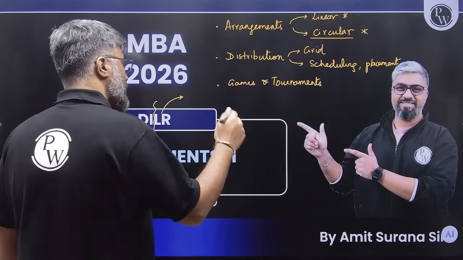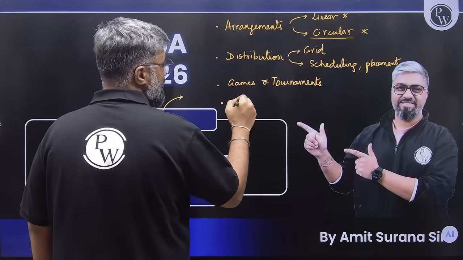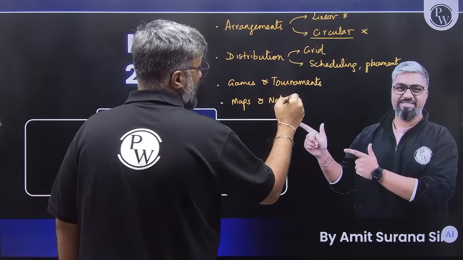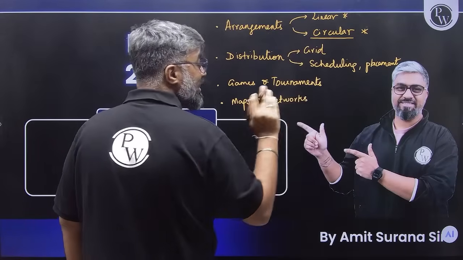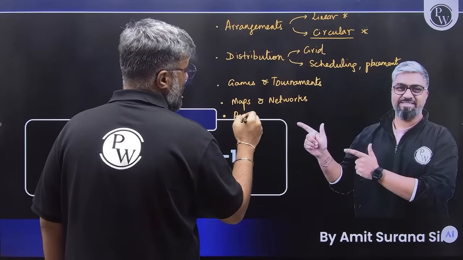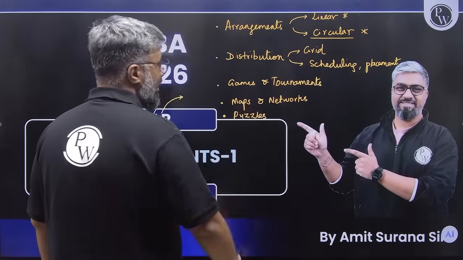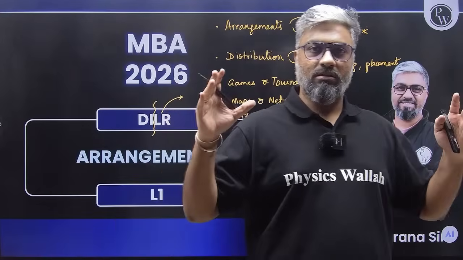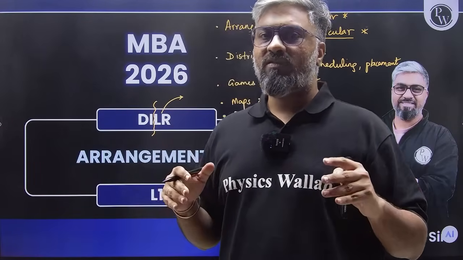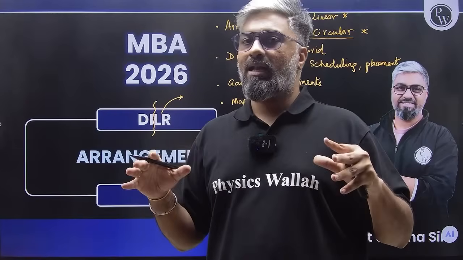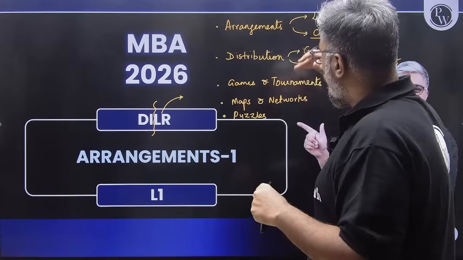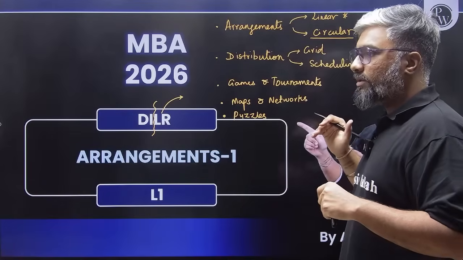Beyond this you will have maps and networks based questions, which are equally important, and then we'll end all of this with puzzles. So this is the syllabus, or what we've seen over the years in CAT, in the DILR section, especially with respect to logical reasoning questions. These are the topics that will be covered. Cool.